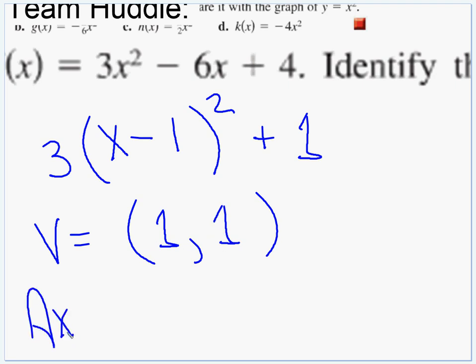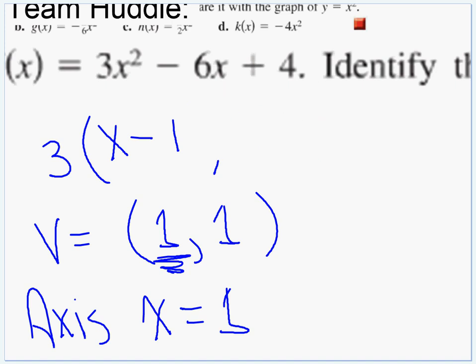Our axis of symmetry is the line x equals this same value, x equals 1. So let's come up with a little sketch. Notice this is going to be 3x squared, so our parabola will be much closer to the y-axis as it opens up. Or not our y-axis, but closer to our axis of symmetry.